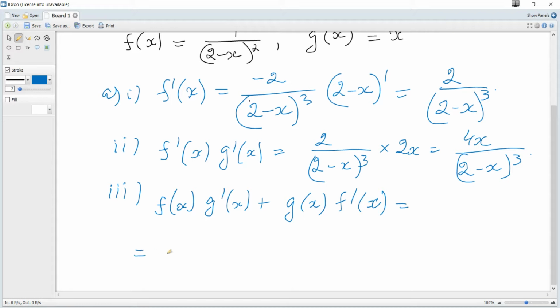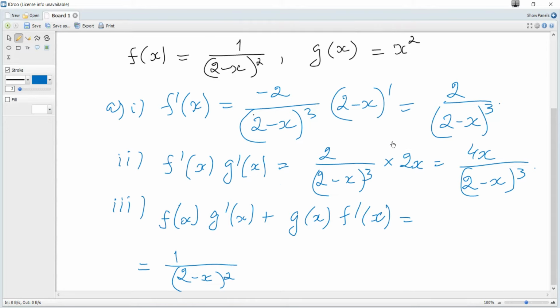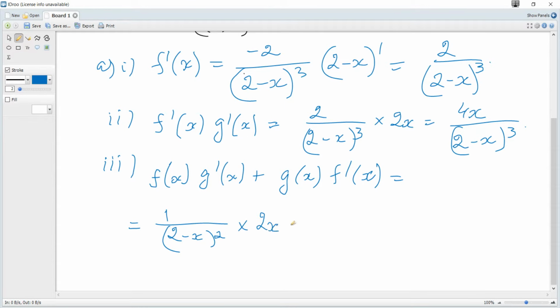Just substitute f of x, which is 1 over (2 minus x) squared, g', which is just 2x, plus g of x, which is x squared, and f', which is 2 over (2 minus x) cubed.